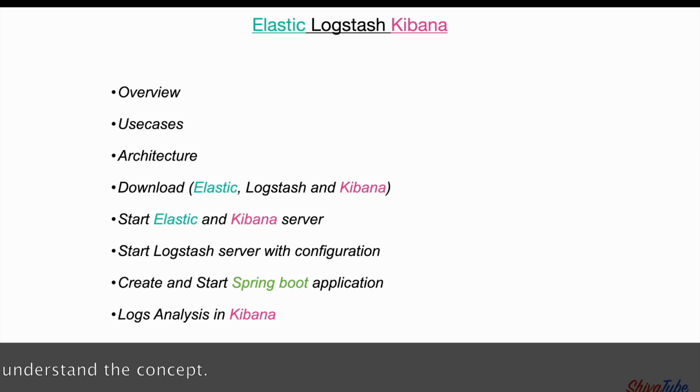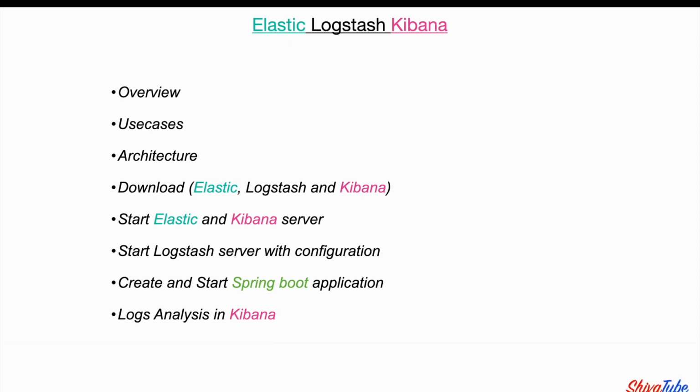Then we will start the Logstash server with the configuration of Logstash. We will create a configuration and then we will create a Spring Boot application and start it, and once the logs are generated through the Spring Boot application, those logs we will visualize on Kibana.